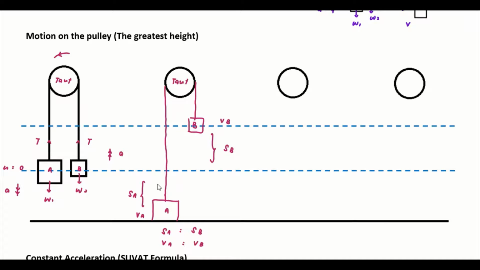So if these two particles start at rest, obviously the final velocity is not going to be zero. If this is not zero, we can also assume that this particle wouldn't actually stop there. It's just that there's no continuous tension anymore.